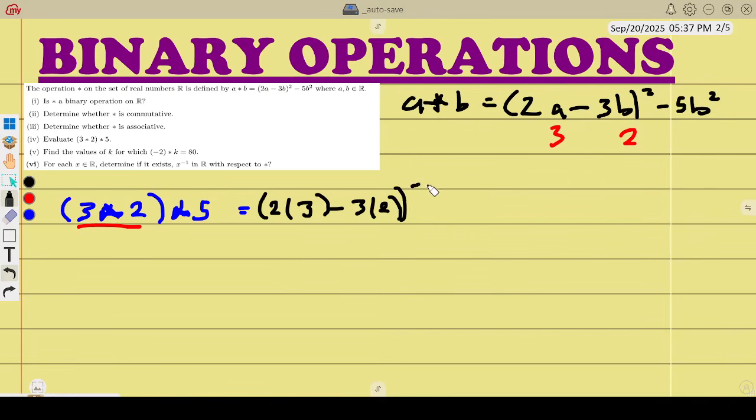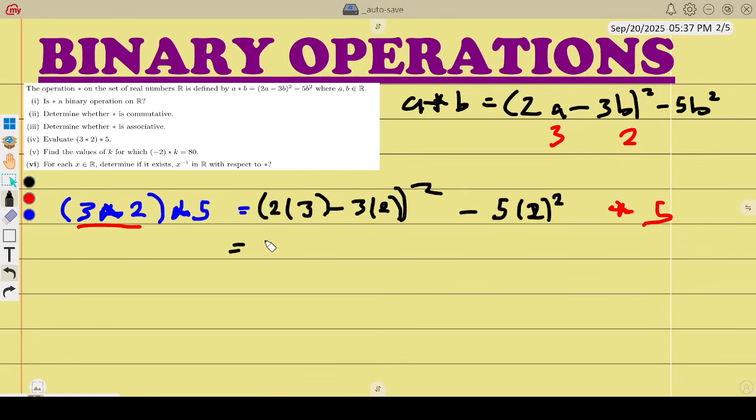So this is squared minus 5, and while there's b, we put 2, and 2 is squared. So we just simplify, and we're just dealing with 3 star 2, meaning star 5 is just following.